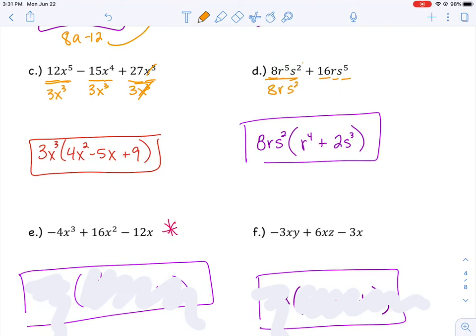If I take out s squared, I have no more s's, so my leftover factor would just be a 1r to the 4th. If I take out an 8 and an r and an s squared in my second term, I have left over a positive 2. I have no more r's left, but I have an s cubed left over. We could quickly go through and distribute and make sure that was the correct final answer. It should match what we started with.